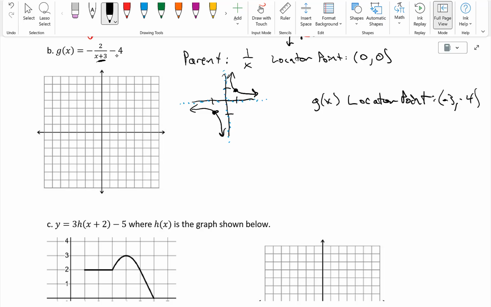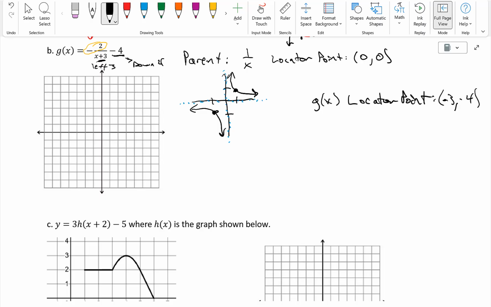And then we can see the minus 4 outside for our shift down. So left 3, and then down 4. We also have a minus 2 that we've multiplied by, and so we're going to use that one with the slope triangles for this.